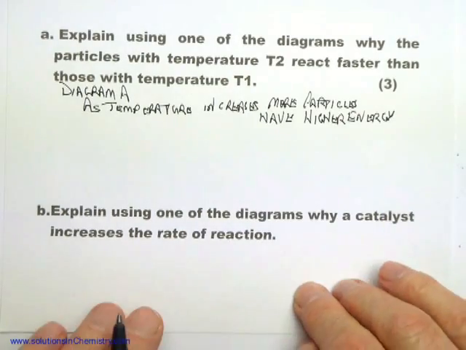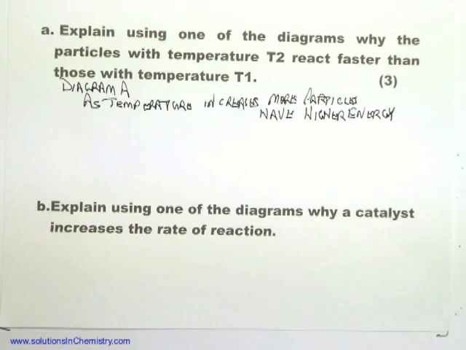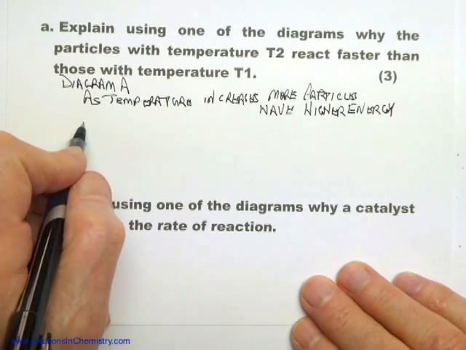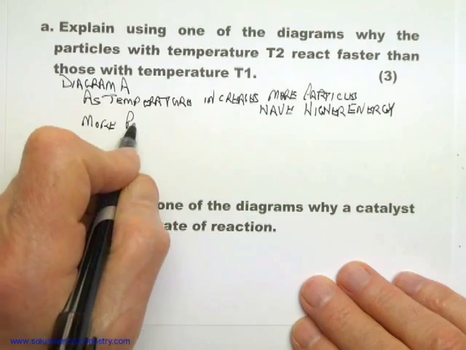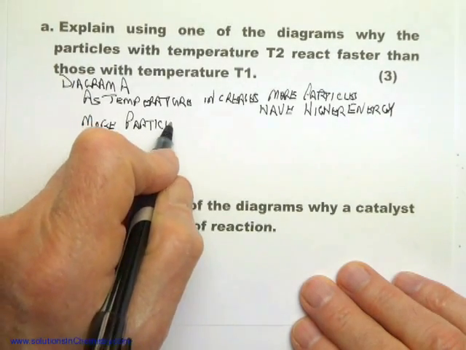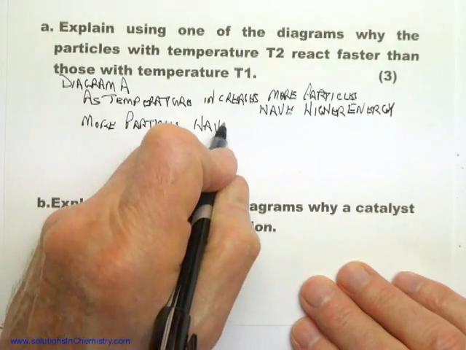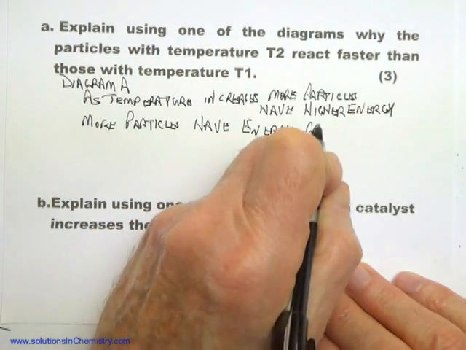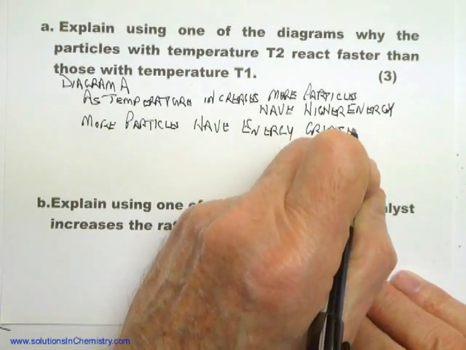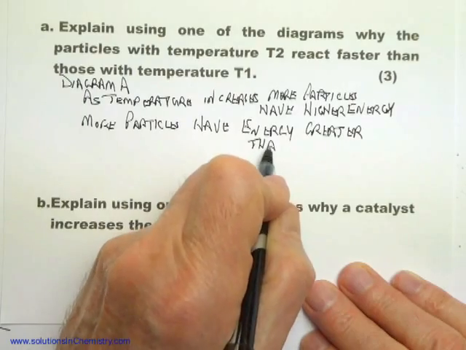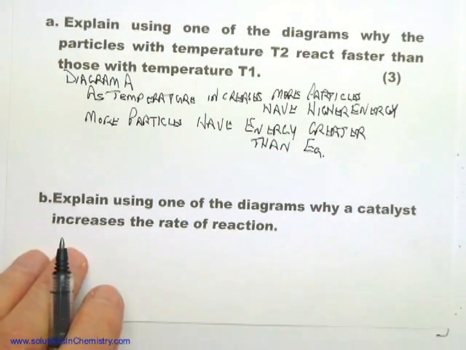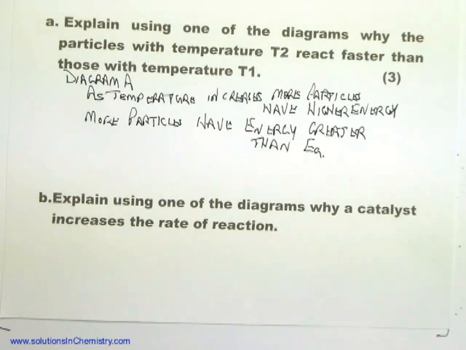This is what the Maxwell Boltzmann curve is saying, and therefore more particles have energy greater than EA, the activation energy. And therefore you can say particles with a greater energy move faster and collide more frequently.